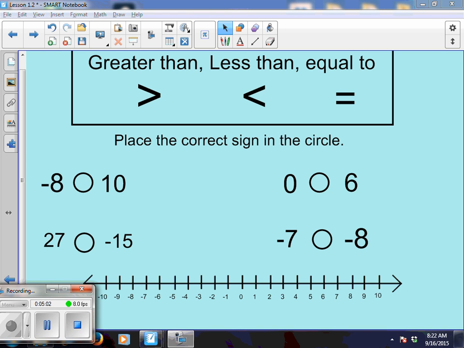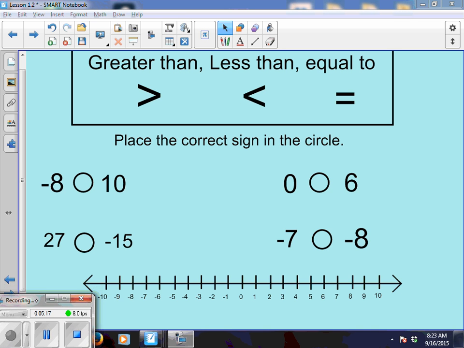Now you can practice. Let's look at the numbers below. And let's use the greater than, less than, or equal to sign to demonstrate which number is greater than or less than the other. A tool you might want to use is a number line.